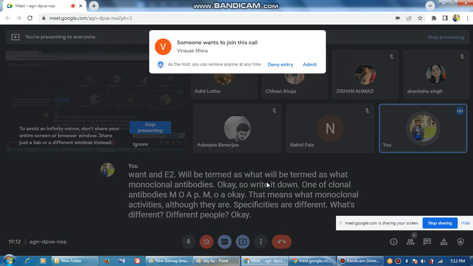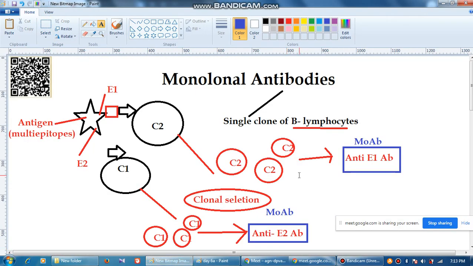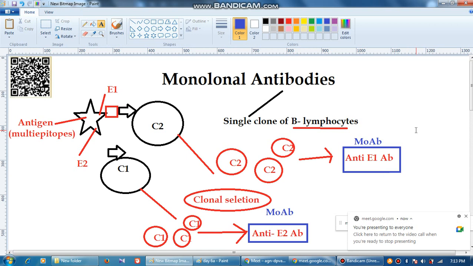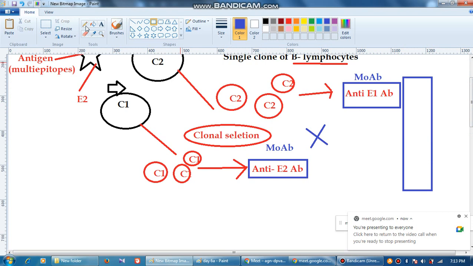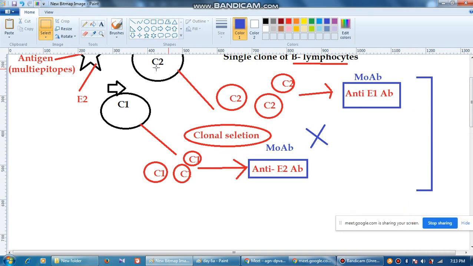So two different monoclonal antibodies will be present, but because both antibodies are present in a single serum sample, they will make what is called a polyclonal serum.